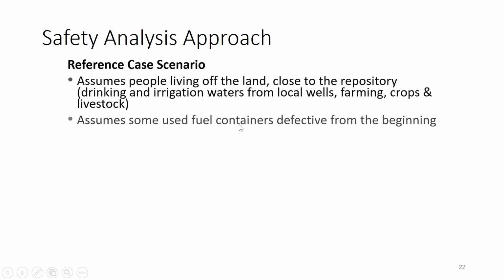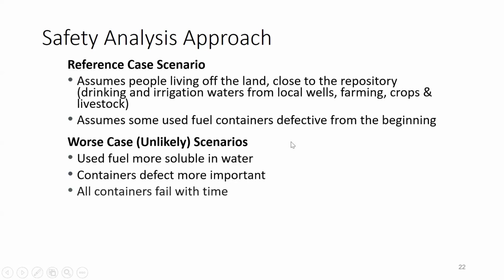So, safety analysis approach. There's a few different aspects of this. When you're thinking about the DGR, there's two different scenarios. There's your reference case scenario, and then there's your worst case unlikely scenario. In your reference case, you assume that people are living off the land, close to the repository, drinking and irrigating with water from local wells, farming crops and livestock. Assume that some used fuel containers are defective from the beginning.